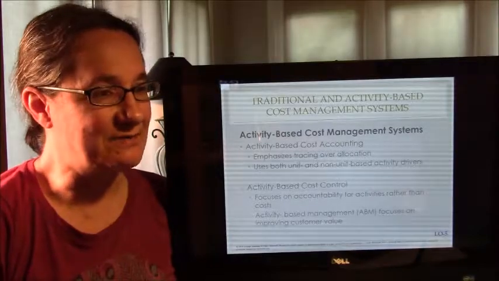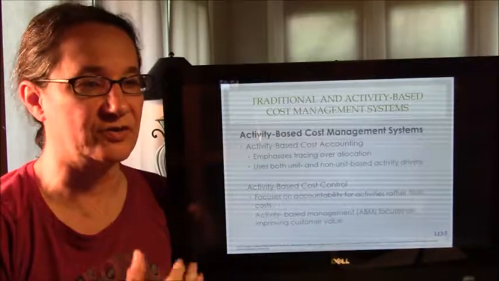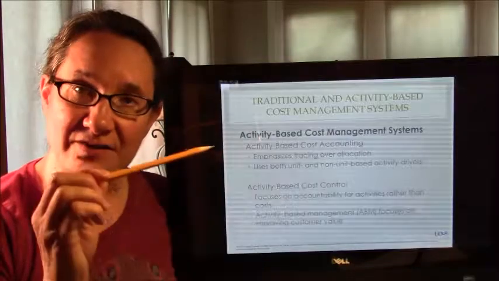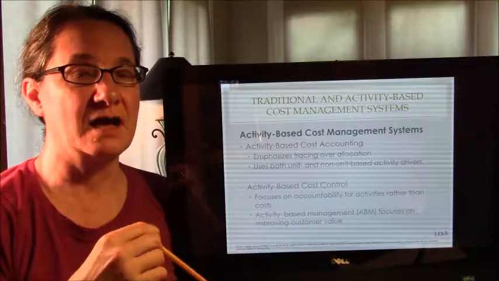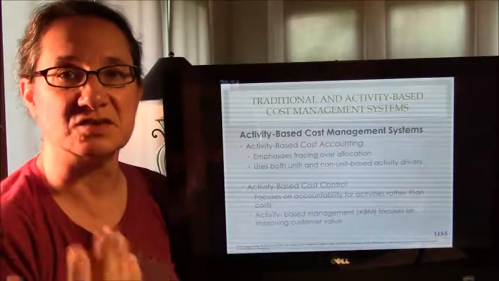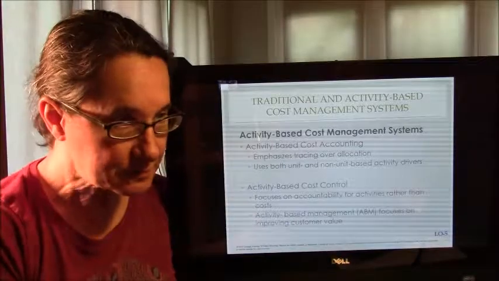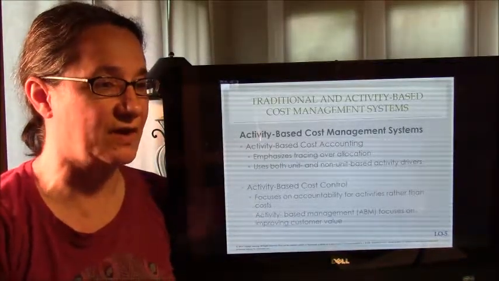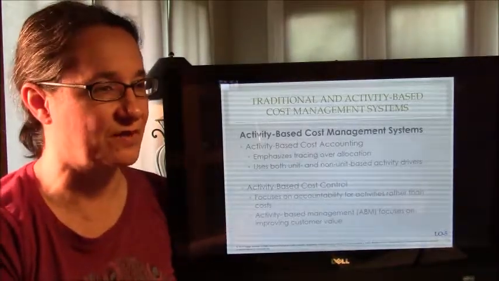So they started using this activity-based costing where you really trace exactly where every cost is going and you base it on drivers, all right? Those are not units. It's not like every time I make a pencil, I have this much direct cost. It's like every 5 machine hours on the pencil making machine is the equivalent of this much cost, right? So we use drivers. And activity-based cost controls focus on accountabilities for activities rather than the costs, and we try to improve customer value.